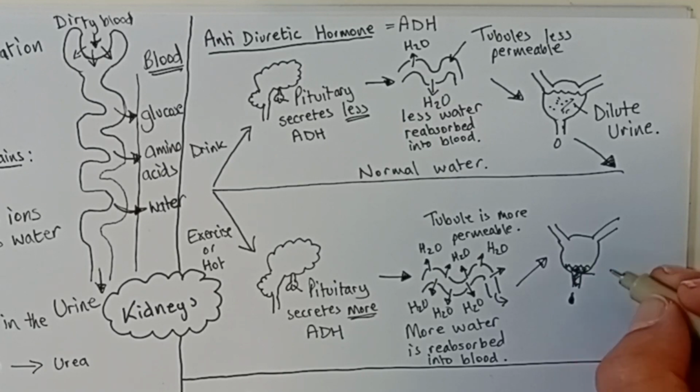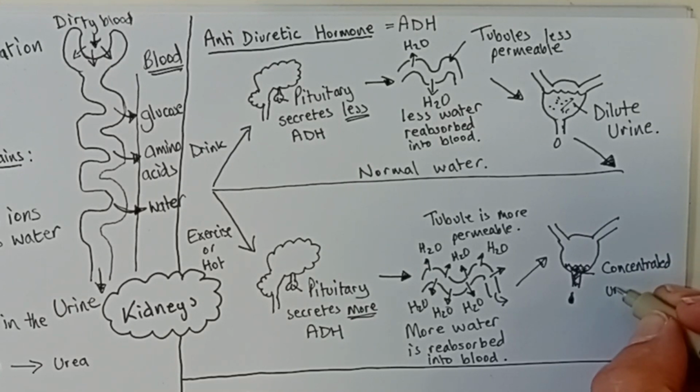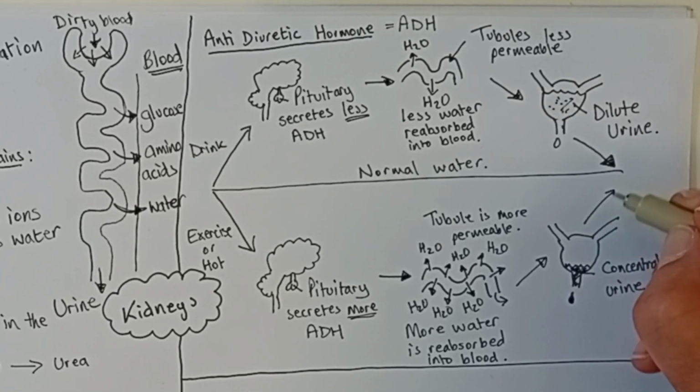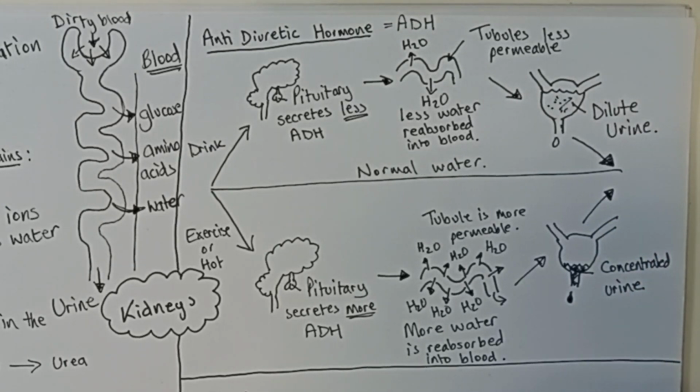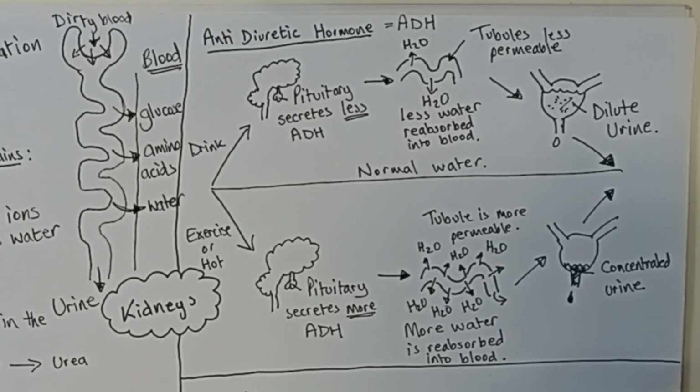Okay, so you'll have concentrated urine. And because you're losing less water, it means there's more chance that your water levels will return to normal. That's quite hard. This is off A level.